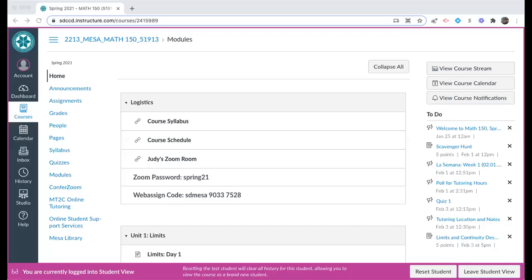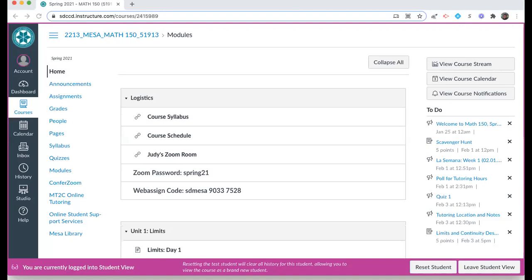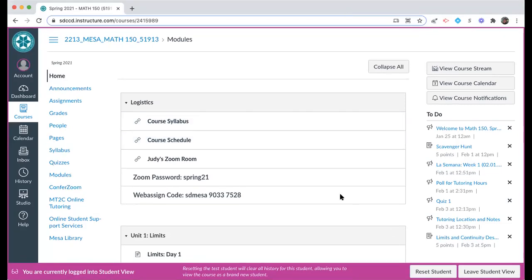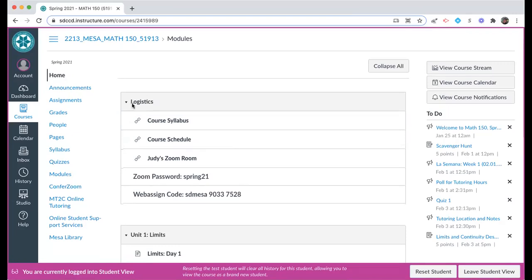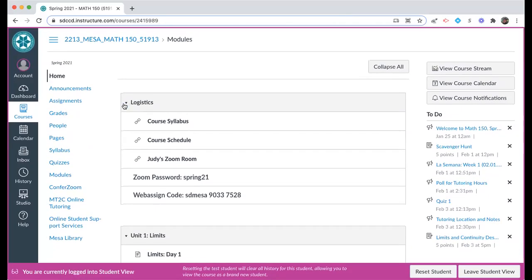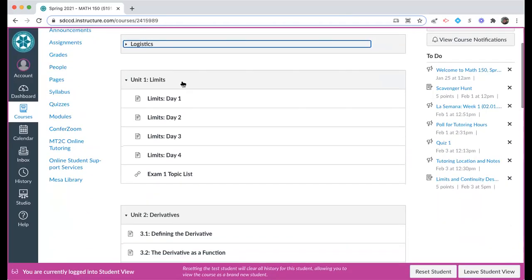Let me go ahead and share my screen real quick. Does everyone see my Canvas page? By now, I think we all know what's happening under the logistics section. That part's not changed, but if you go to Unit 1 limits, there's a new link here. This is the exam 1 topic list.